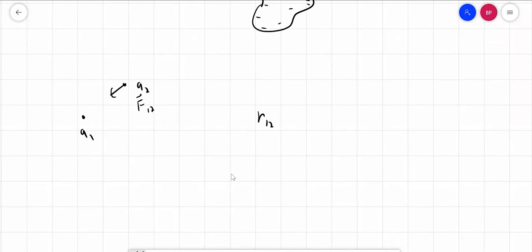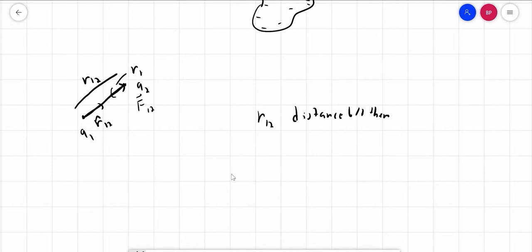So R12 is just the distance between them, whatever this physical distance is. And R12 hat is the unit vector that points from Q1 to Q2. So the full R12 vector points from Q1 all the way to Q2. And to make it a unit vector, you just divide by the distance.